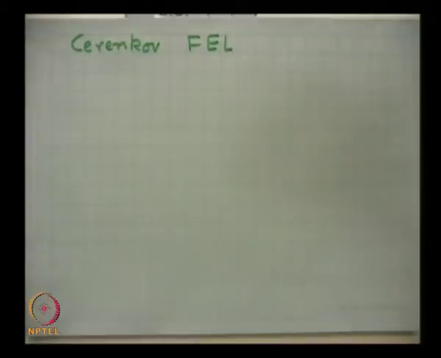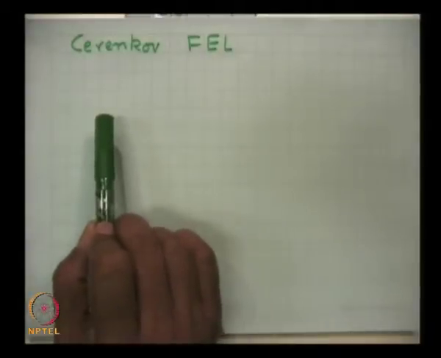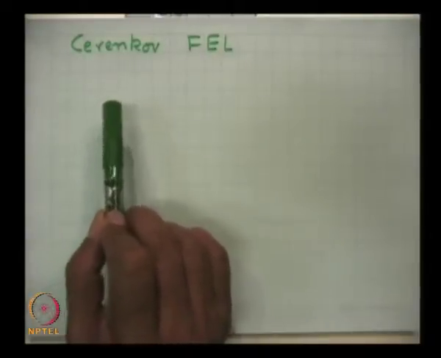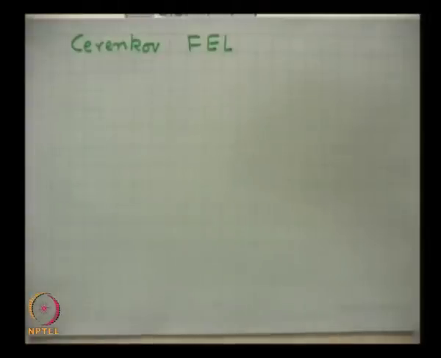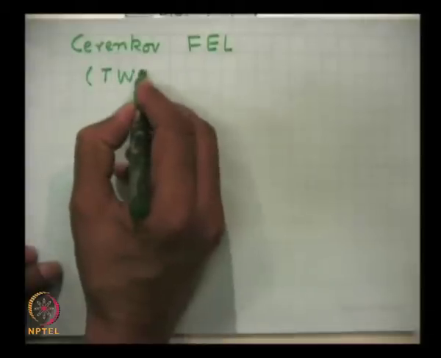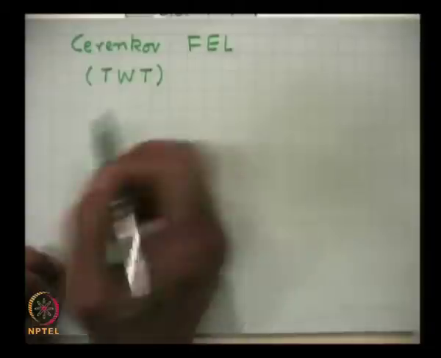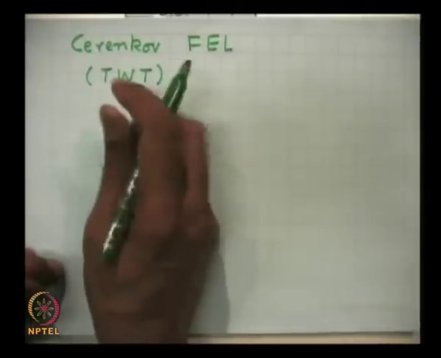If the device employs a non-relativistic electron beam and a different kind of structure, it is also known as a traveling wave tube, TWT. But I will be focusing my attention on the Cerenkov FEL. The TWT treatment is very similar.